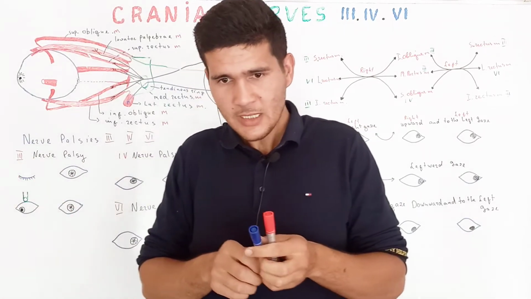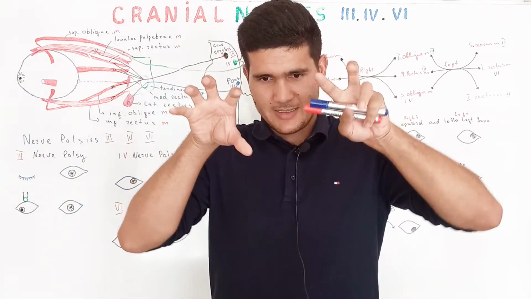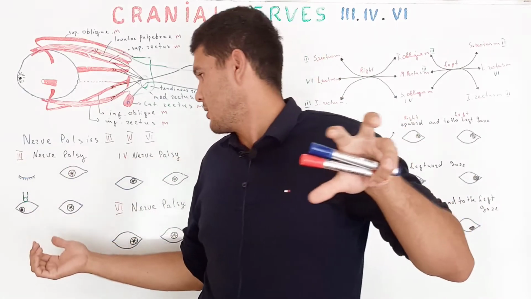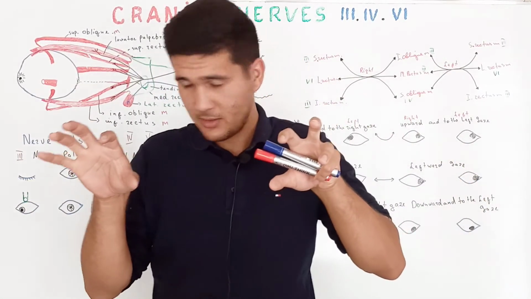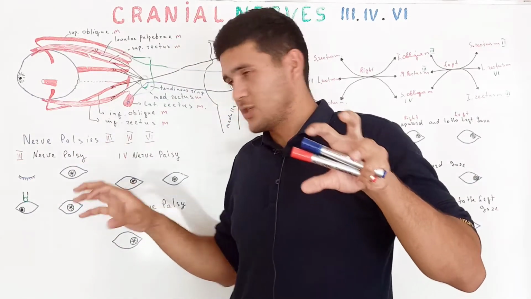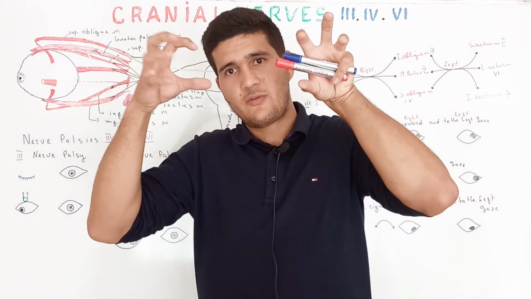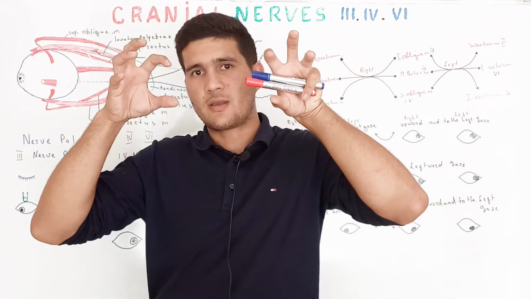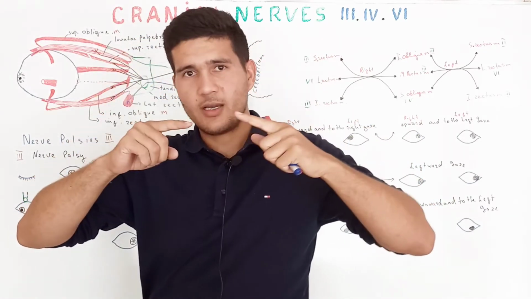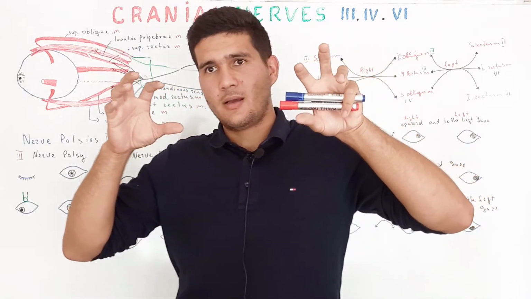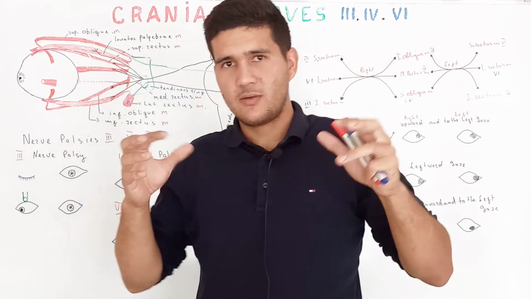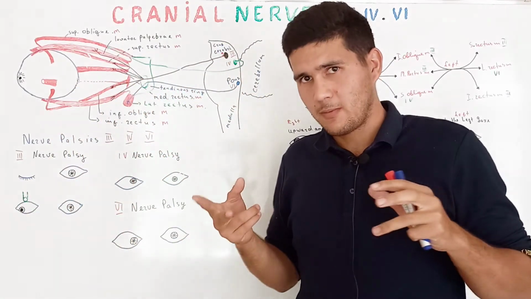Without this function, for example, in palsy of the fourth cranial nerve, this deviation shows its negative effect. Both eyes couldn't focus on one thing. In this way, the patient can suffer from diplopia, double vision.